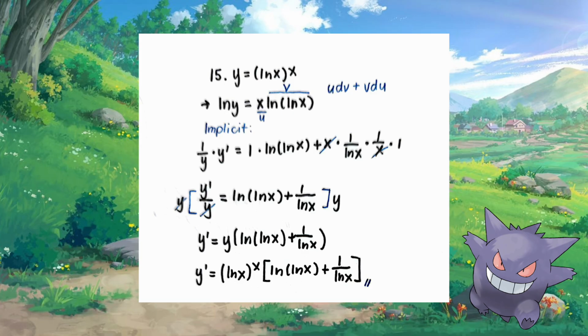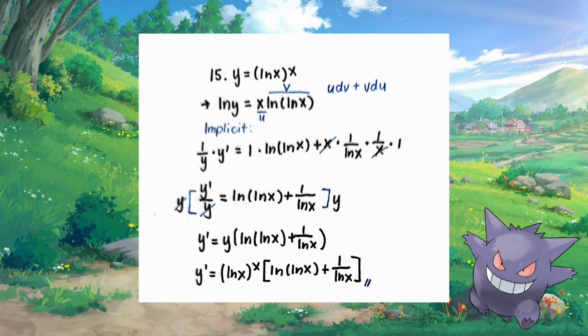And in the right side, we will use the product rule. Derivative of x is 1 times ln of x plus x times the derivative of the whole. The derivative of ln of x is 1 over ln of x times the derivative of the inside, which is 1 over x times the derivative of x is 1.